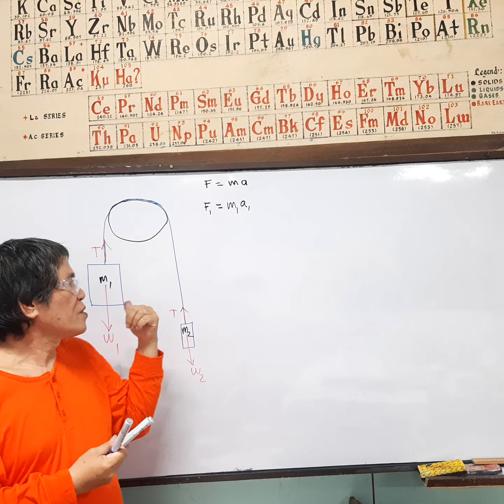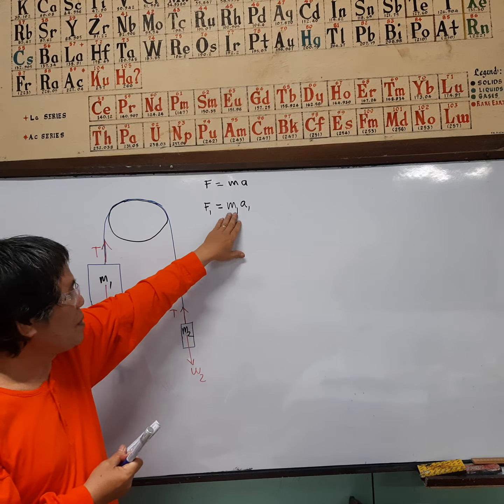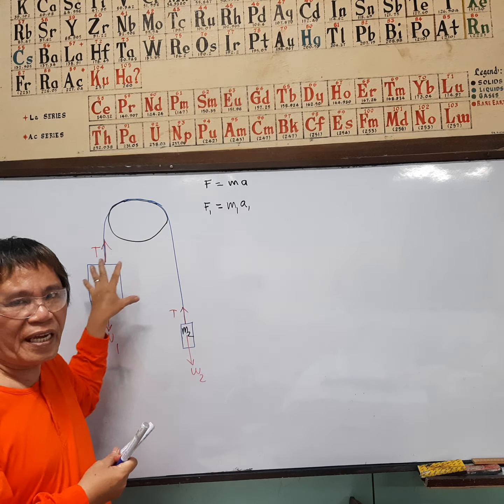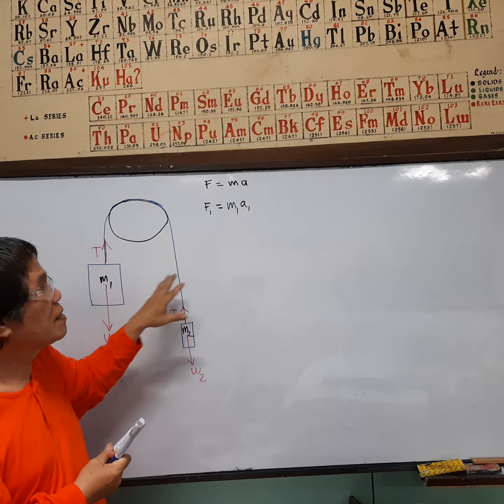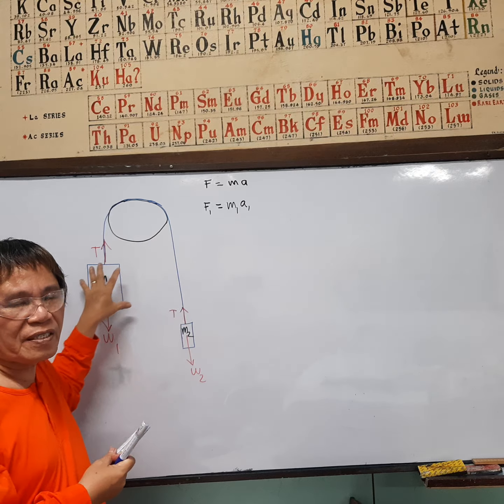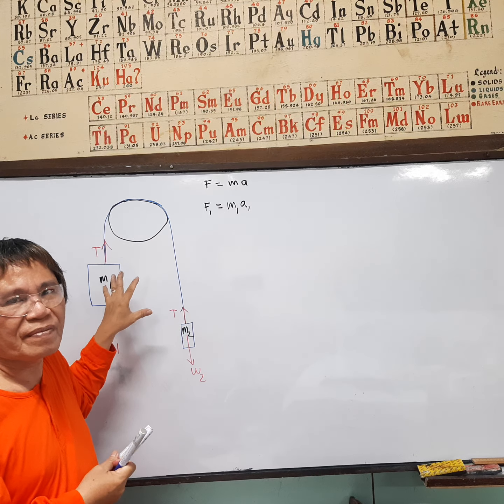So you have here the mass of the cage M1 and the acceleration of the cage A1.